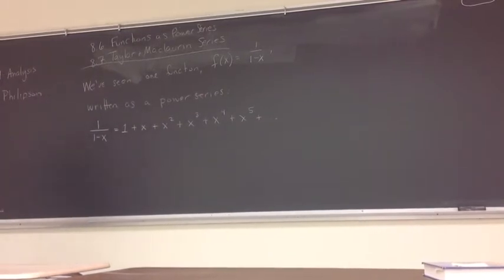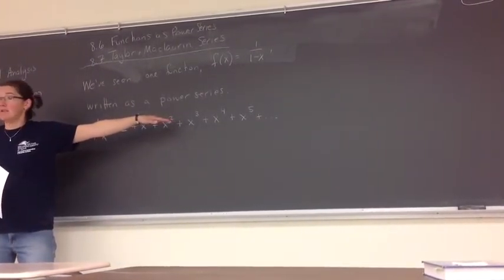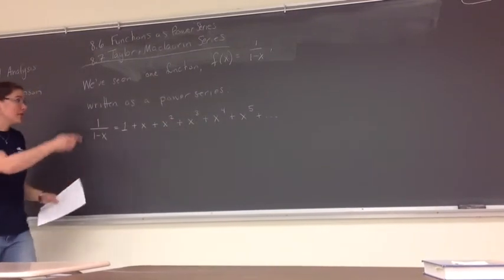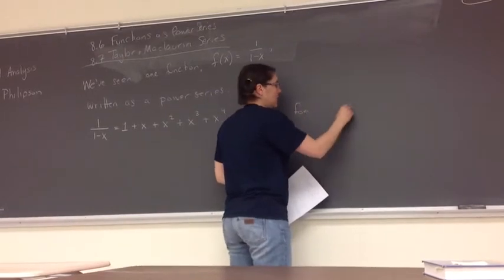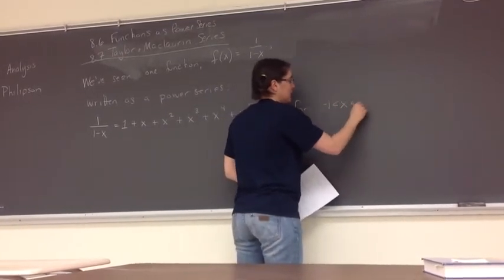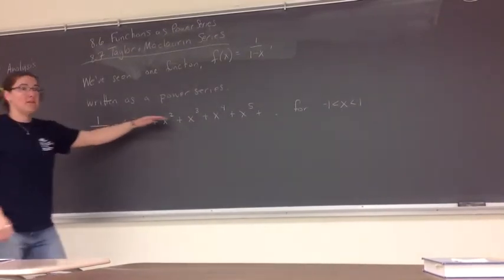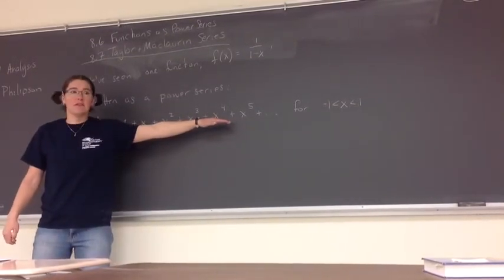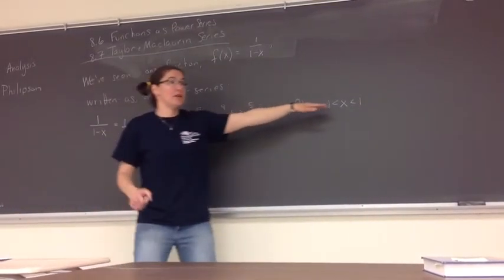So we could represent the function 1 over 1 minus x by this infinite power series. The only thing we had to remember was that this was only true for x values between -1 and 1. This infinite power series converges to 1 over 1 minus x, as long as the x values are between -1 and 1.